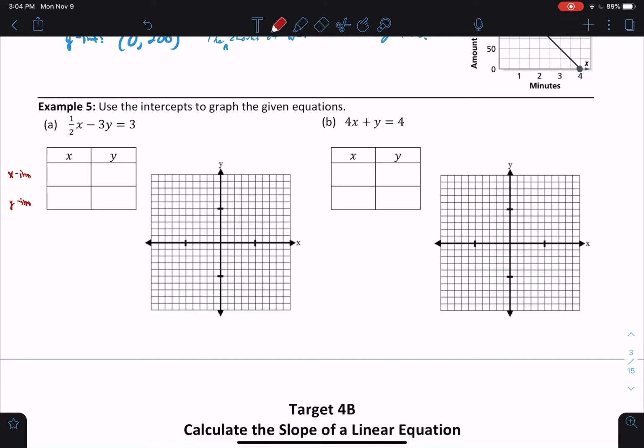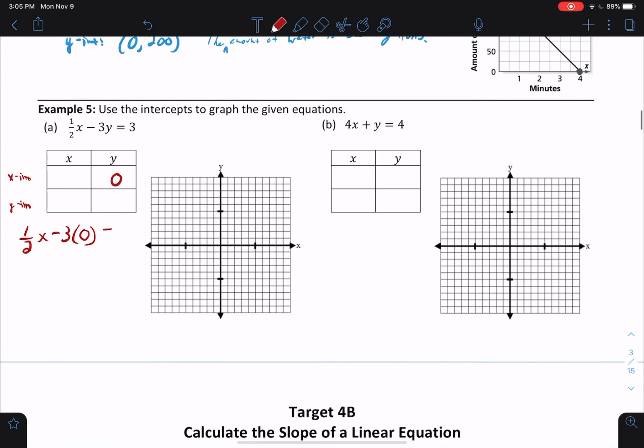So the x-intercept, I'm going to plug in 0 for y. So I have 1/2 times x minus 3 times 0 equals 3. All right, well, negative 3 times 0 is gone because that's just going to be 0. So I've got 1/2 x equals 3.